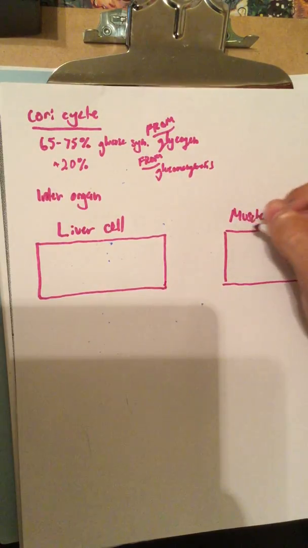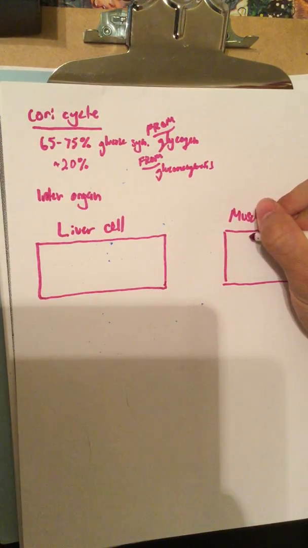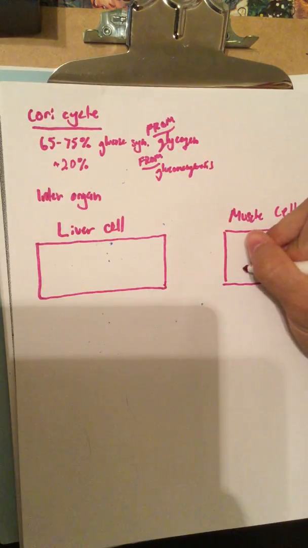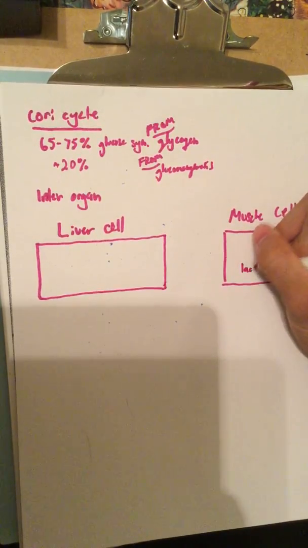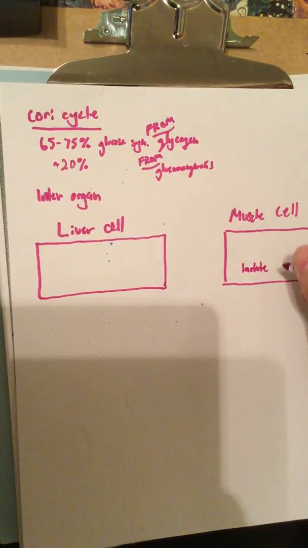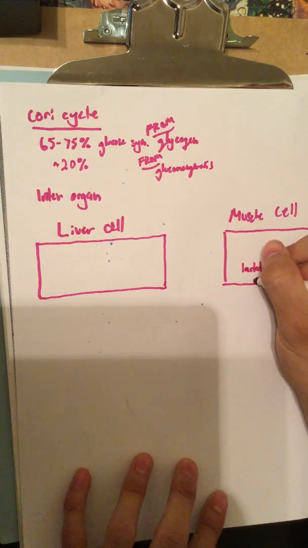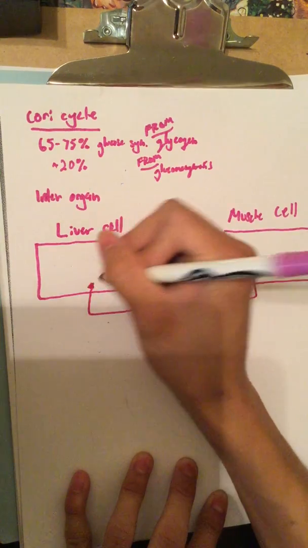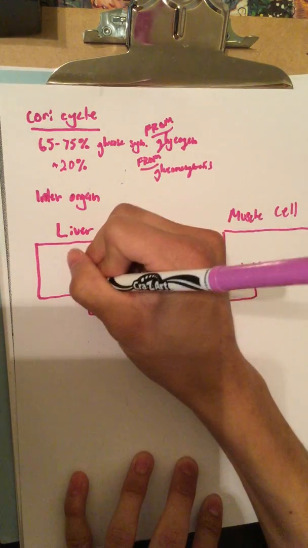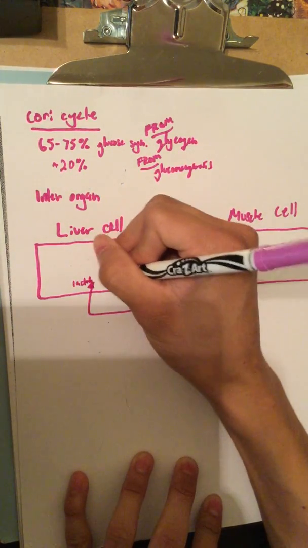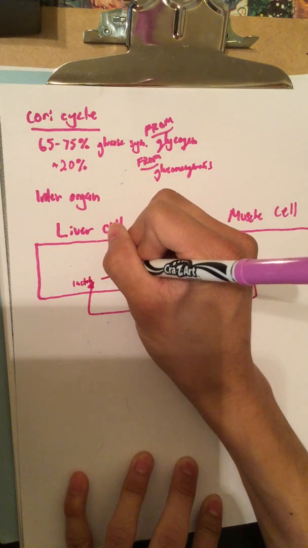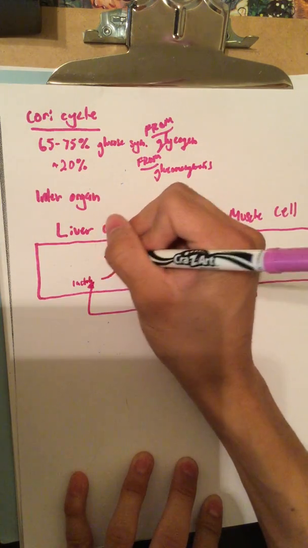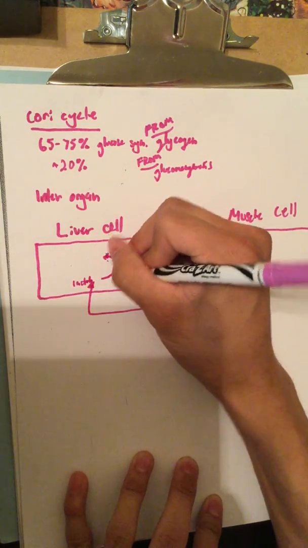What's going to happen is in our muscle cell, we're going to have a bunch of lactate. This lactate is going to be able to travel through our blood and get into our liver. Once lactate is in our liver, we'll be able to undergo the process known as gluconeogenesis.